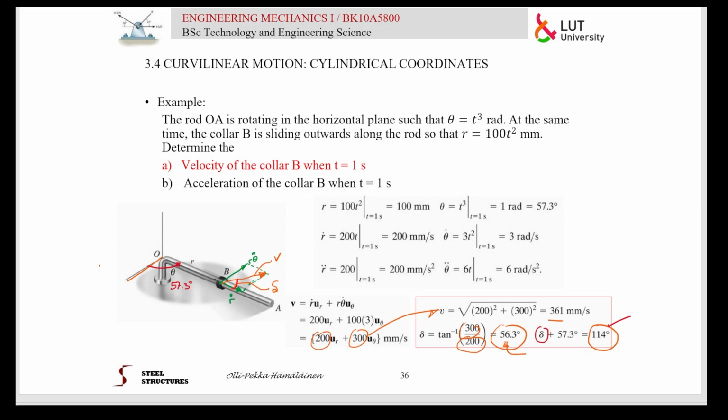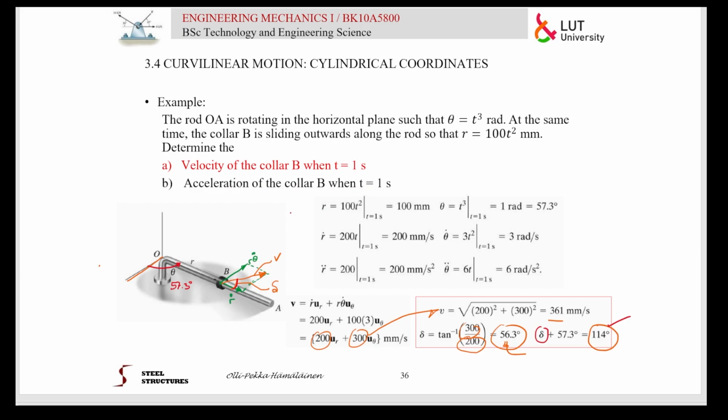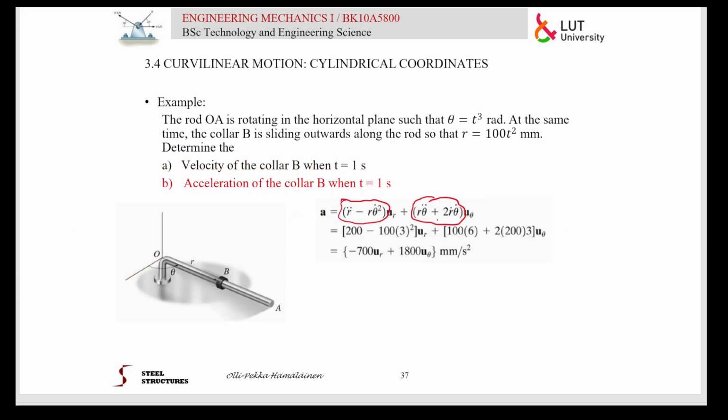If we move to acceleration, it gets a little bit more complex in the formula, because this is the radial component of the acceleration, and this is the angular component of the acceleration. We already have all the ingredients that were calculated here, this part and this part, meaning that we could use those terms to calculate that acceleration vector.